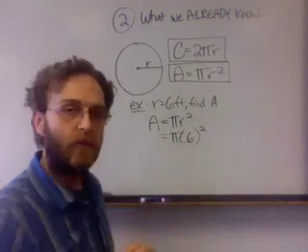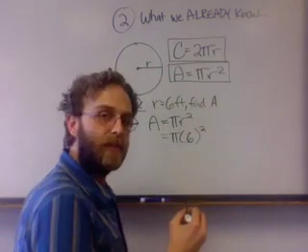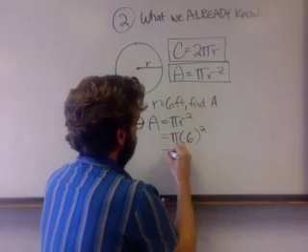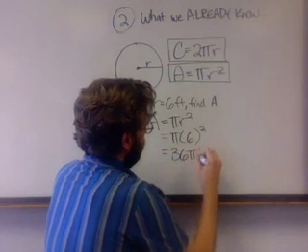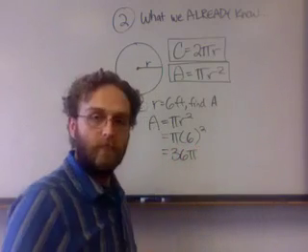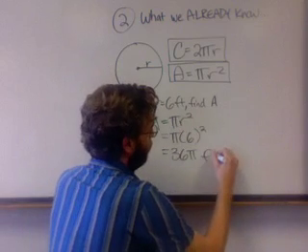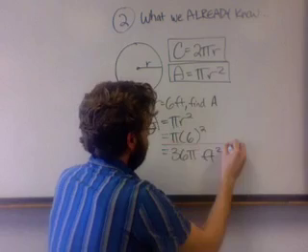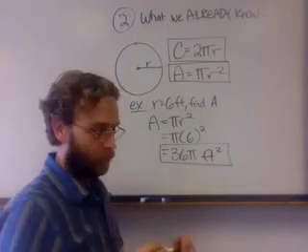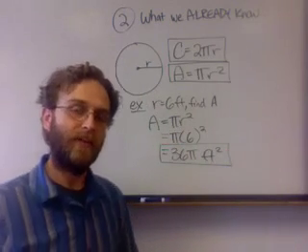So pi times 6 squared. 6 squared is 6 times 6, which is 36. We get 36 pi, and the units of any area need to be squared. So we started with feet, we're going to continue with feet squared. So the area of that circle is 36 pi feet squared.